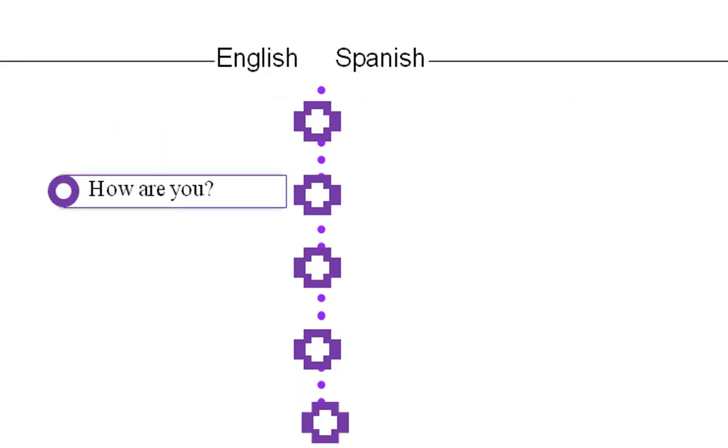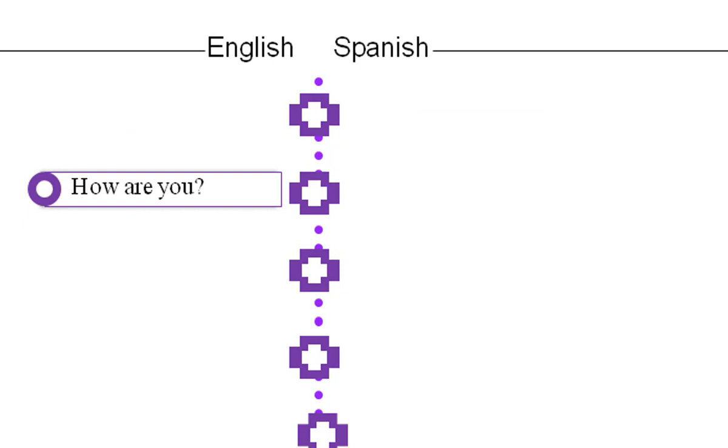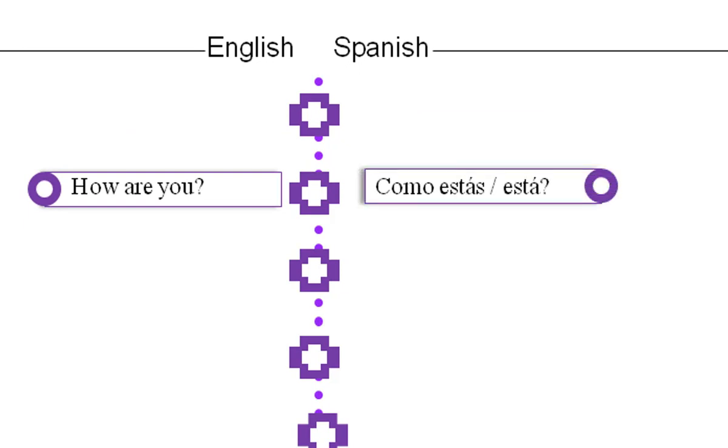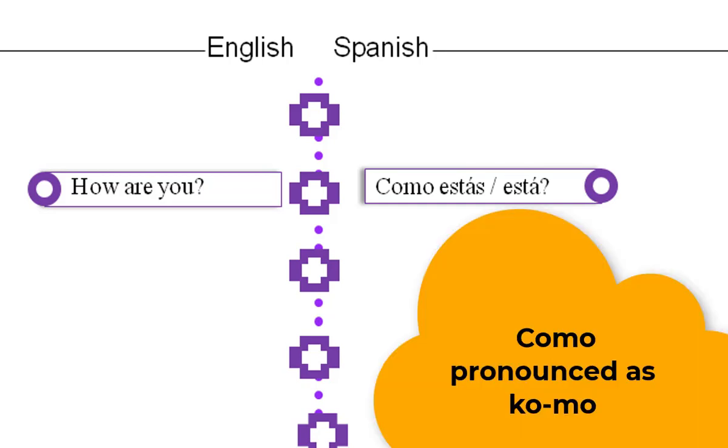Another one, you want to ask someone, how are you? ¿Cómo estás? Or ¿cómo está? So what's the difference? Estás is when you are trying to ask informally, está is when you are trying to ask formally. We'll look at it when we are actually talking about the ESTAR verb. So for now, how are you is ¿cómo estás?